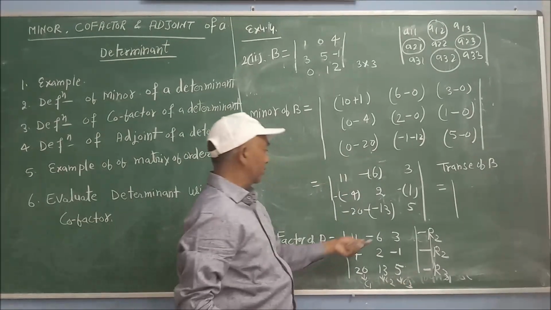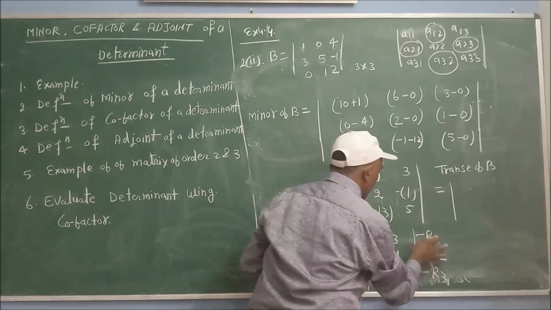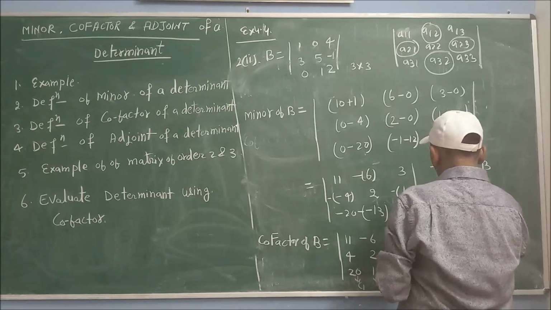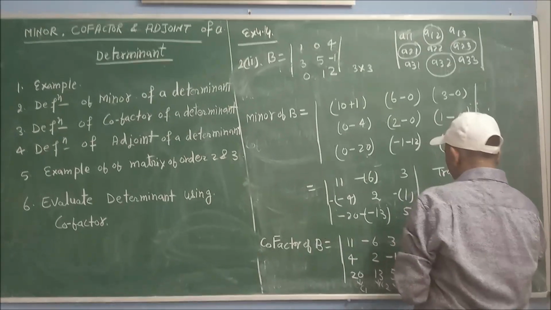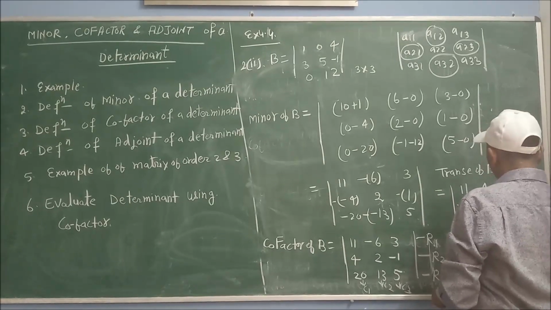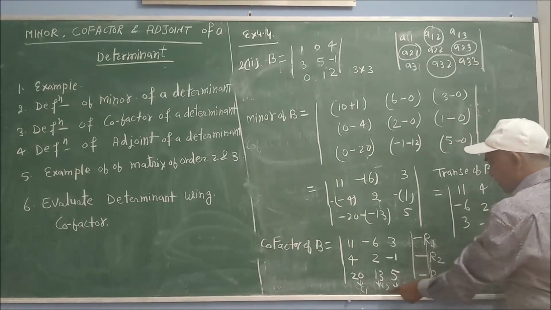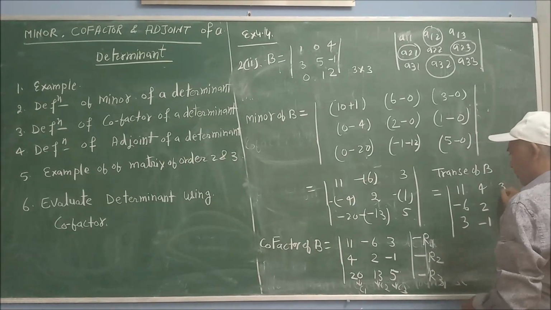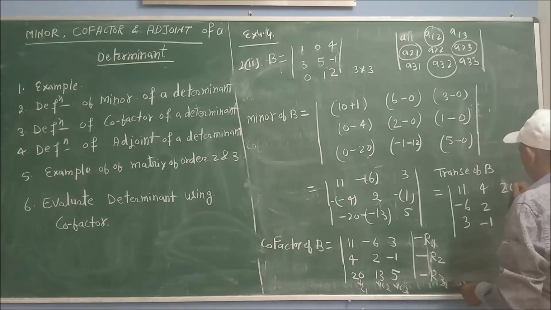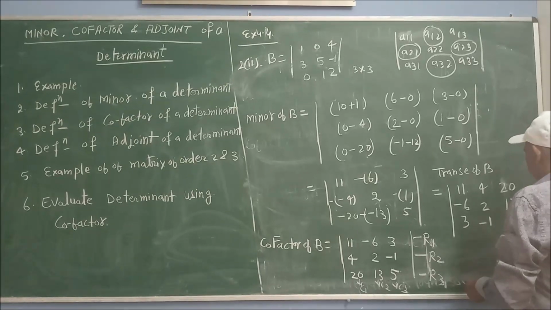So interchange R1 by C1. This will be written as 11, minus 6, 3, and R2 by C2, 4, 2, minus 1, and R3 by C3, 20, 13 and 5.